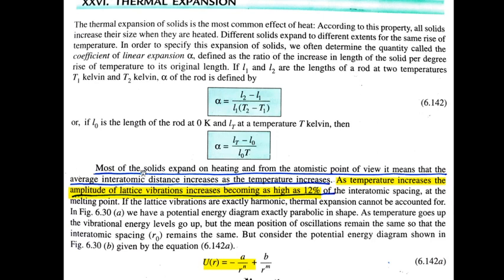So most solids expand on heating, and from the atomic point of view, it means that the average interatomic distance increases as the temperature increases.